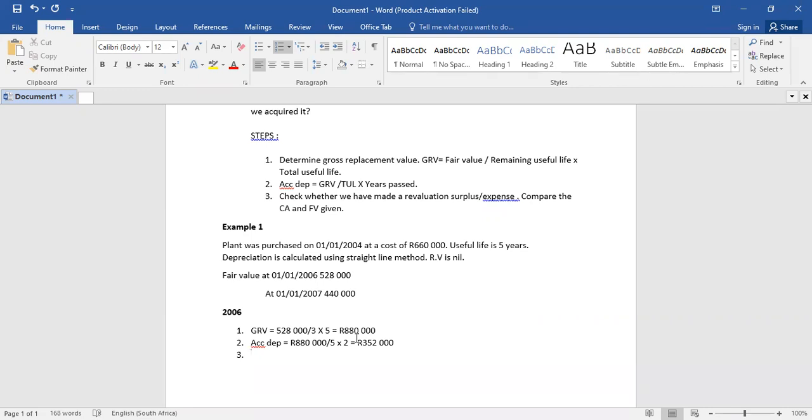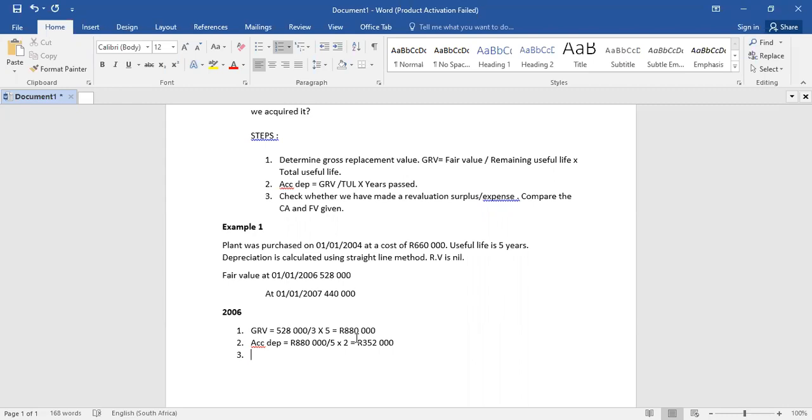So uzosithola i-carrying amount kumele siqale sibale accumulated depreciation. Angithi it's cost minus accumulated depreciation before sithole i-carrying amount. So i-step sokuqala uzosokwazi ukubheka ukuthi we have made a surplus and expense. Kumele sithole accumulated depreciation. Sasibheke ukuthi okay, ngoba vele sasilithenge ngo-660,000, imalini accumulated depreciation yethu.